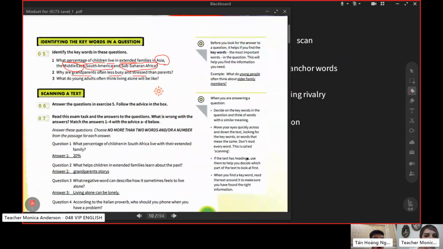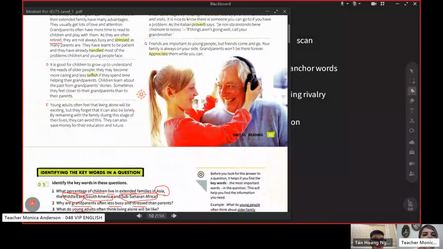And the last one, would you read, please? What do young adults often think living alone will be like? Okay, so we have keywords and let's go. Of course, we need to look for the answers in paragraphs D, E, F, so the next paragraphs. Adult, alone, living. So I think E. Excellent. Definitely yes. Why?